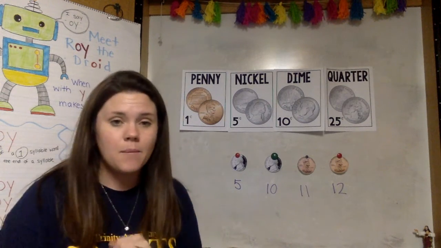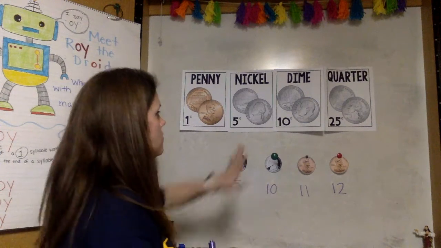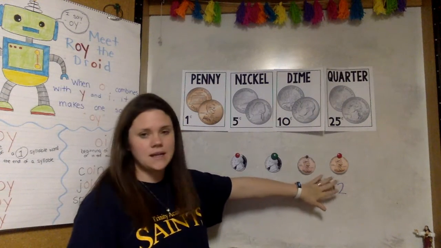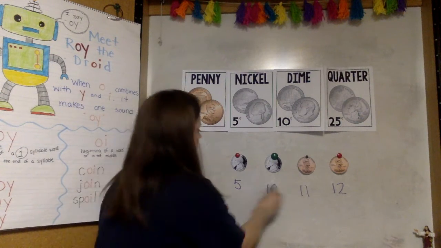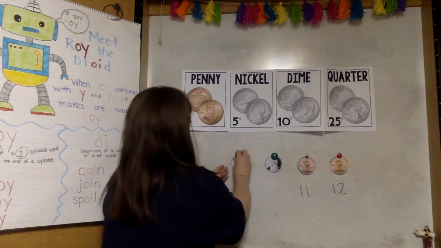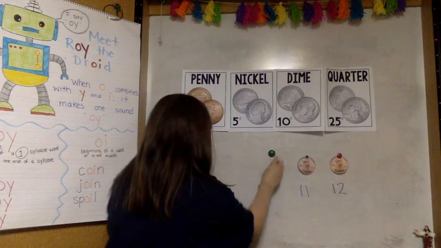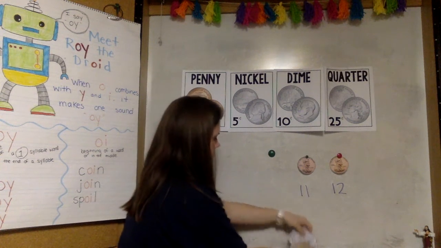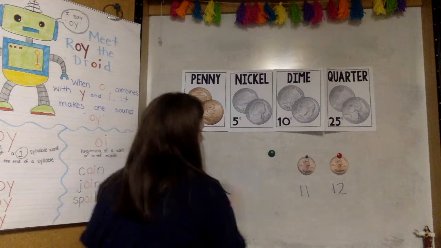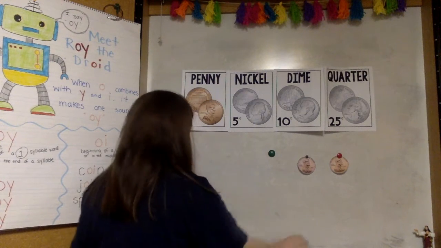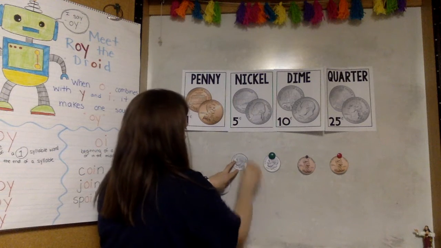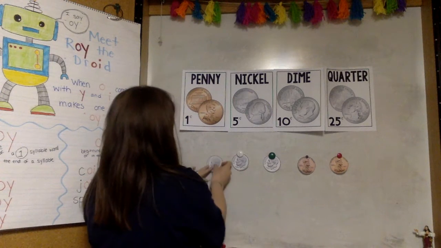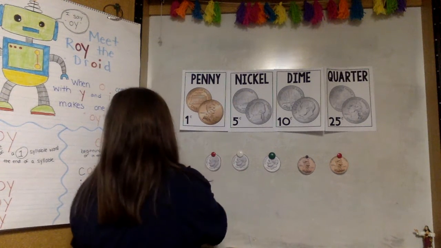Today we're going to be using our strategy of dimes and pennies. So dimes, tens, and ones. So let's give that strategy a try. Let's keep our 2 pennies there. Well, let's add some dimes. We got 1 dime, 2 dimes, 3 dimes.